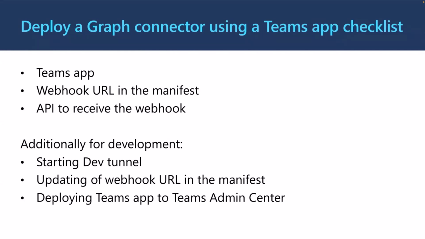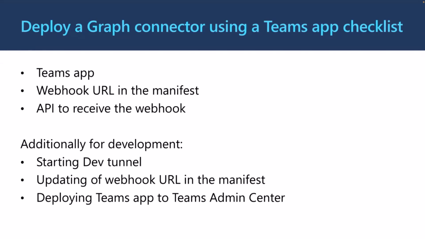In dev, for that to work, you will probably need some more things. You need to have a URL that will be called from Teams Admin Center. So if you're doing local dev, how will Teams Admin Center, which is in a cloud, reach out to your local box? Well, you will need a tunnel. You will need to expose the local API that you run on the internet.